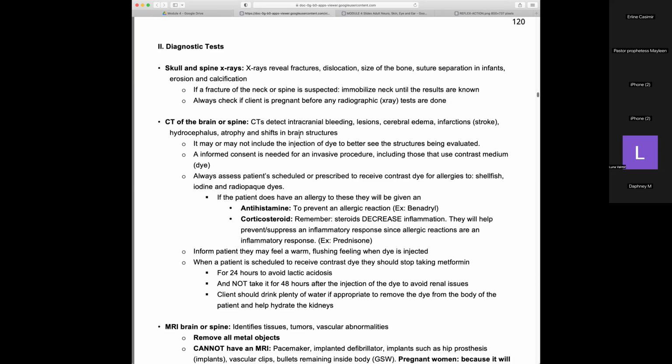Number one, you need informed consent before giving contrast dye. Number two, you have to assess the patient for 3 allergies: shellfish, iodine, and radio-opaque dye.